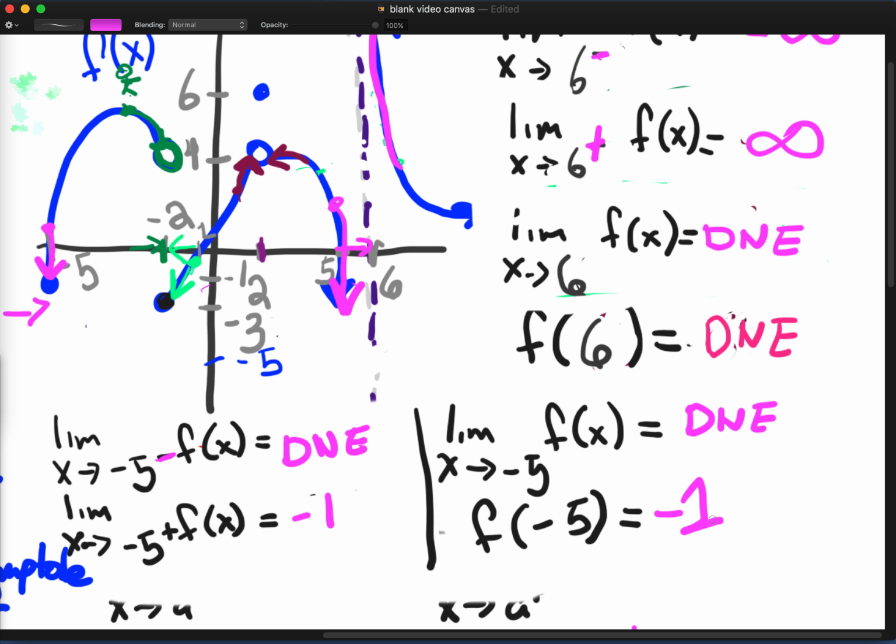If the function kept going this way for whatever reason, then you could approach it from the left, and it would be -1. It's just because the function ends there that you're not actually able to approach it. Does that make sense? Okay.